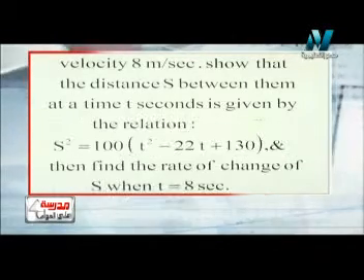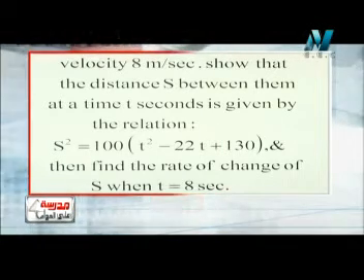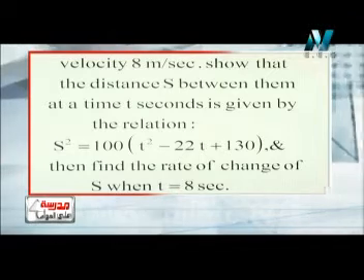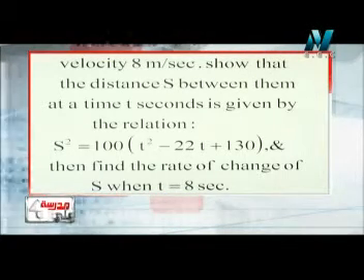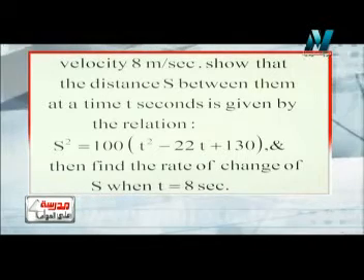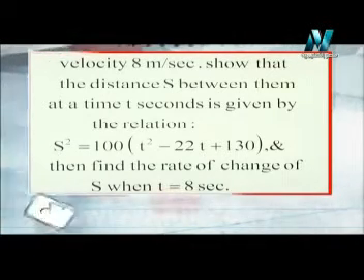Show that the distance s between them at time t seconds is given by the relation s squared equals 100 multiplied by t squared minus 22t plus 130, and then find the rate of change of s when t equals 8 seconds.